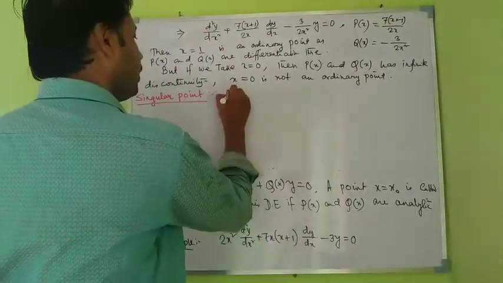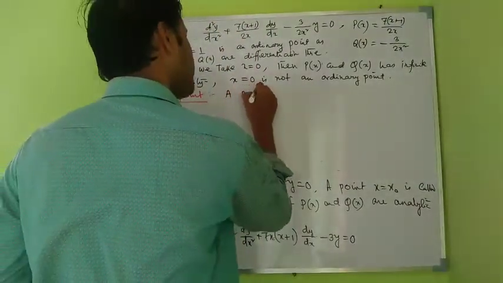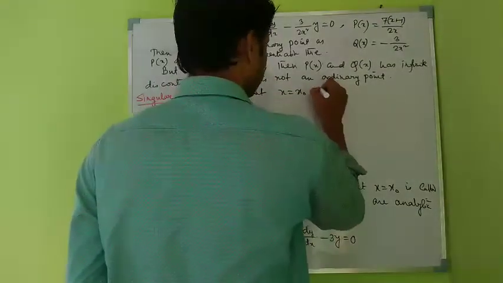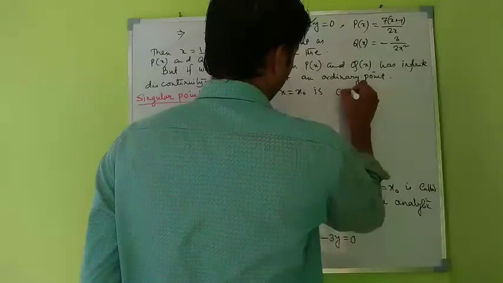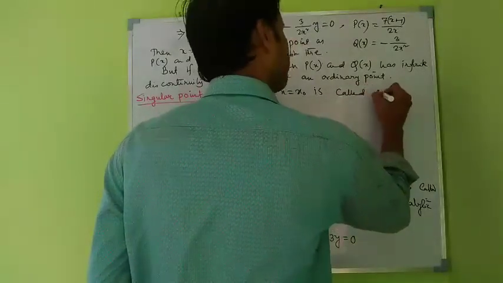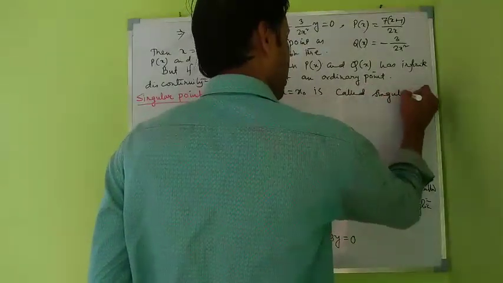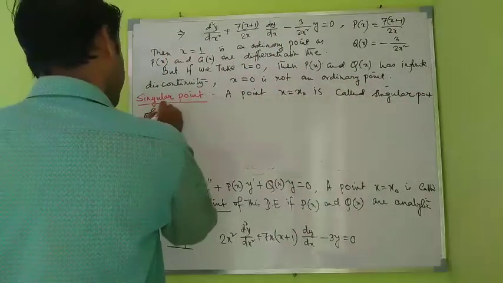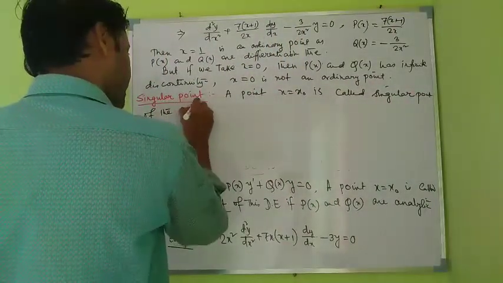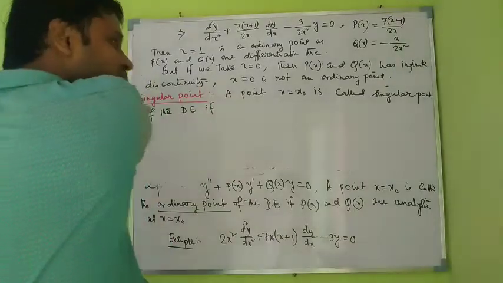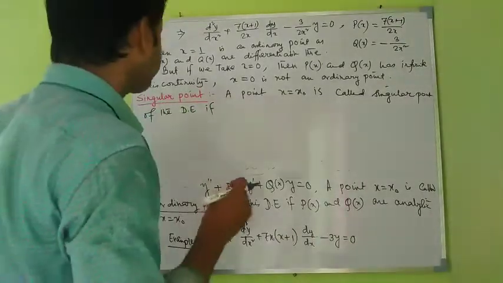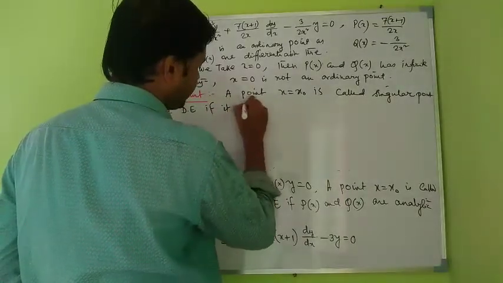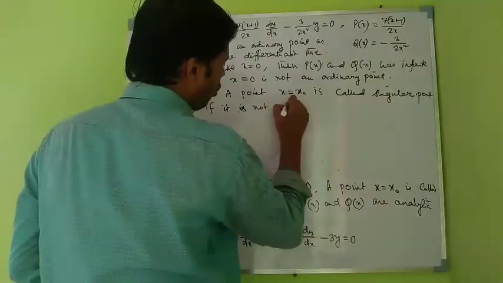A point x is equal to x naught is called a singular point of the DE if it is not an ordinary point.